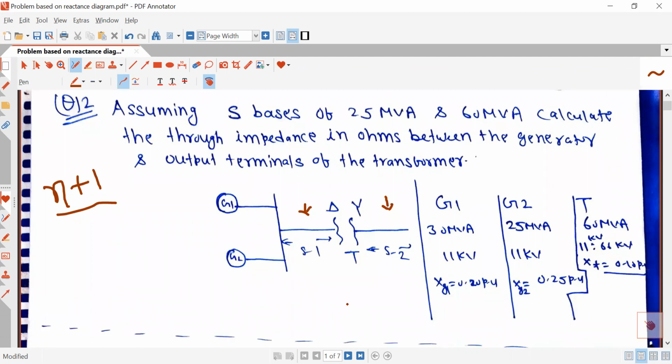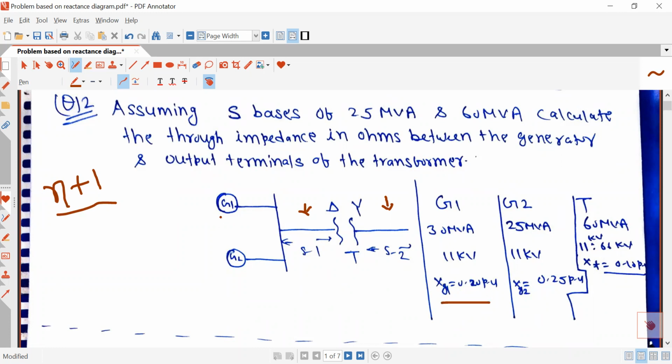Now, second step is to select a common base for the entire power system, because in a reactance diagram, all reactances should be on same base, on common base. But in block diagram, the reactance values are given on their rating.